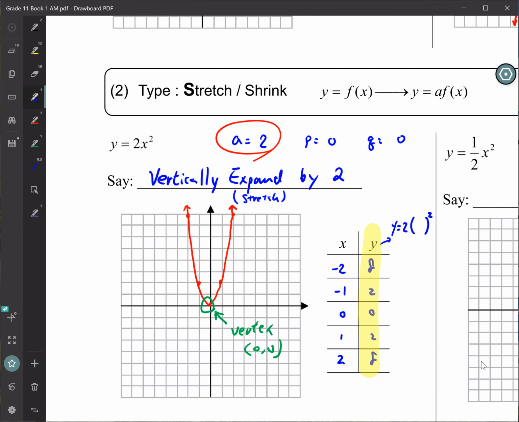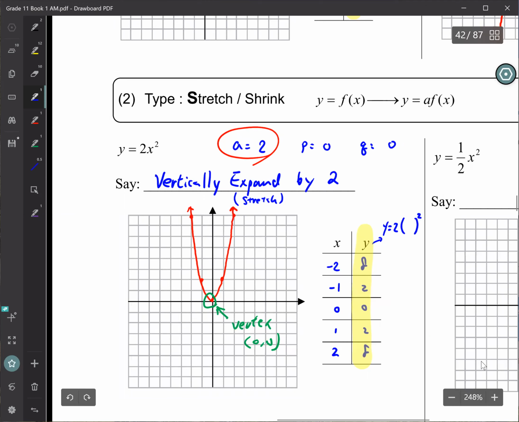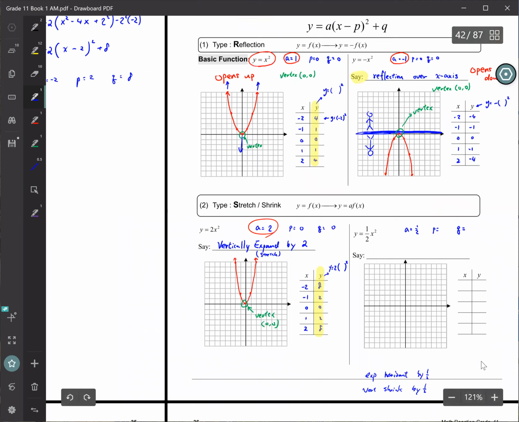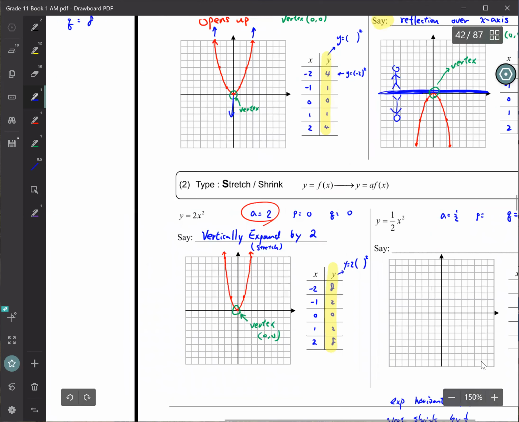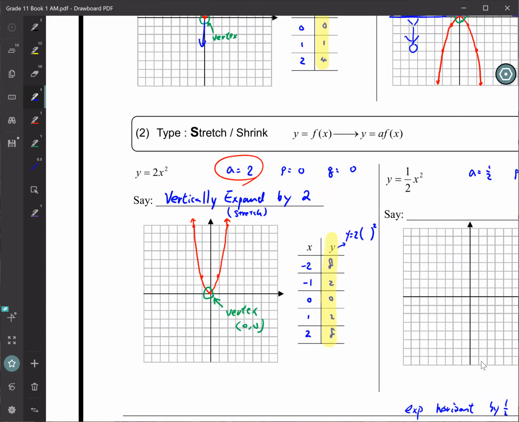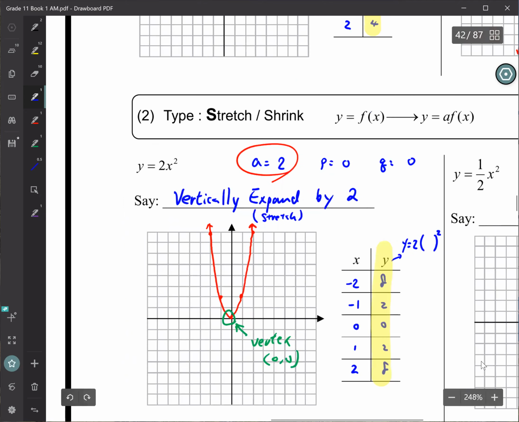The reason I chose stretch and shrink is because I want to put them in order, RST, just to keep it in line. But in your head, just remember that we most of the time use the word expand. So instead of shrink, it will be compress. Stretching is expand, shrink is compress.